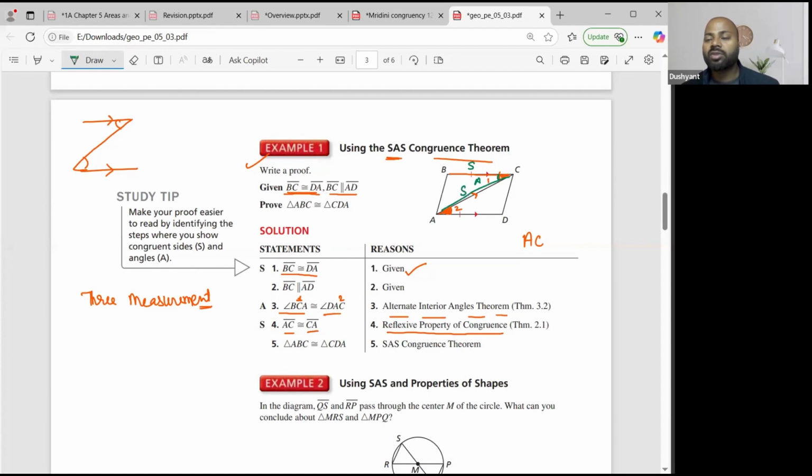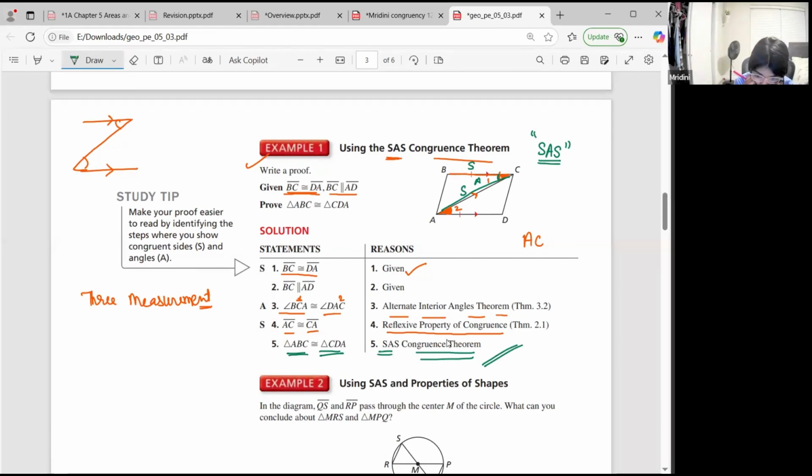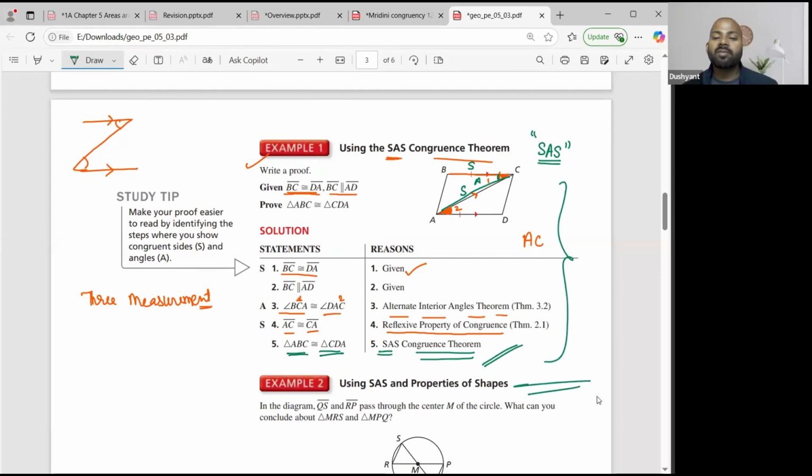So which property is this? Side angle side congruence theorem. So I can write that the two triangles ABC and CDA are congruent by the property side angle side congruency theorem. Clear? Yes, please take a quick note of this one.